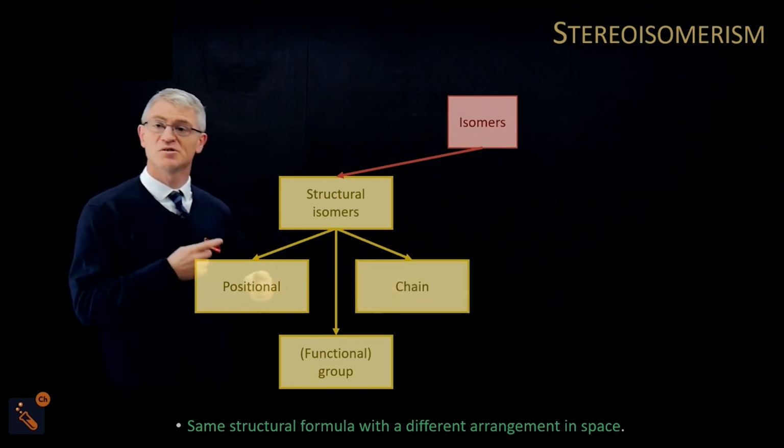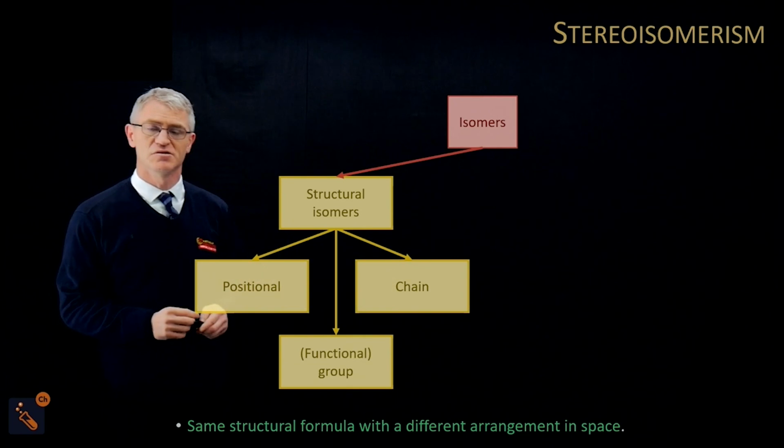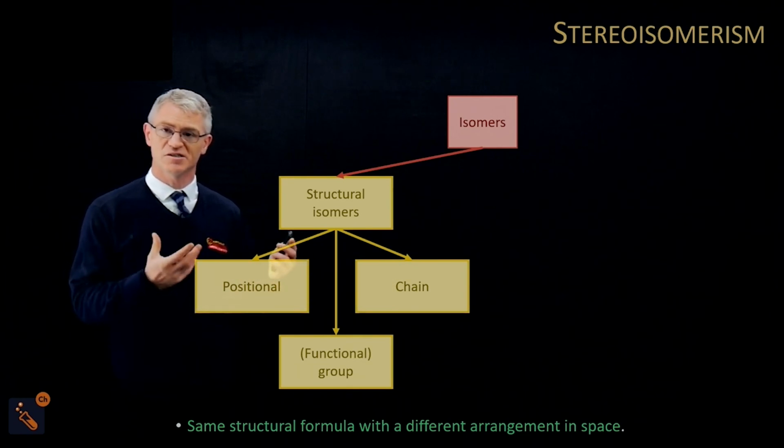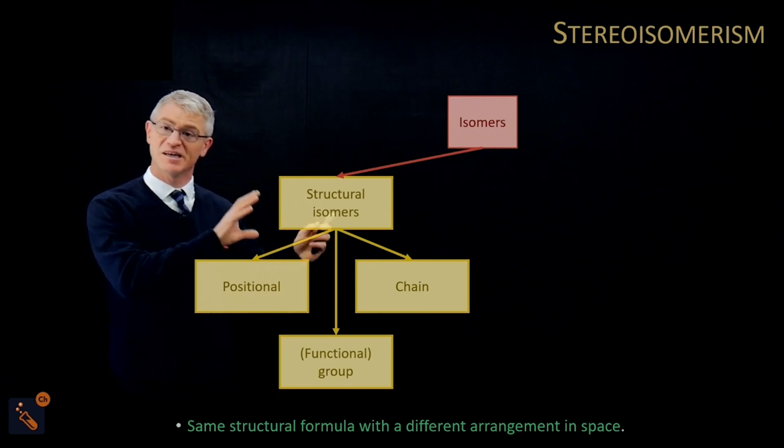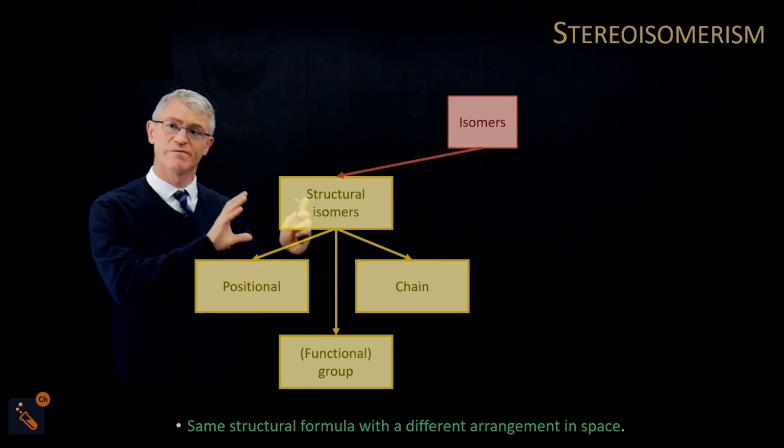You can also do chain, where you just put branches into your structures and make isomers out of them. Your definition for that is just the same molecular formula with a different structural formula.